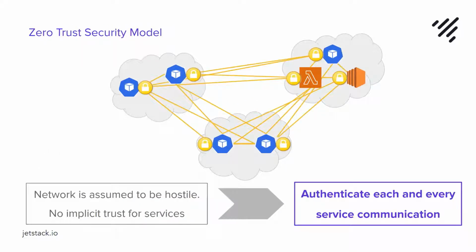So instead, what we're going to move to, where of course the industry is moving to, is a model where effectively the network is completely untrusted, and there is no implicit trust. You cannot trust another service. That doesn't mean giving up on the defenses at the perimeter, of course. But now we're assuming that the attackers could well be in our network.